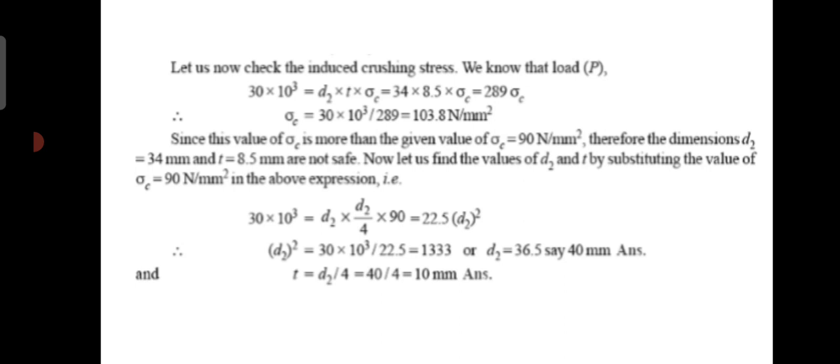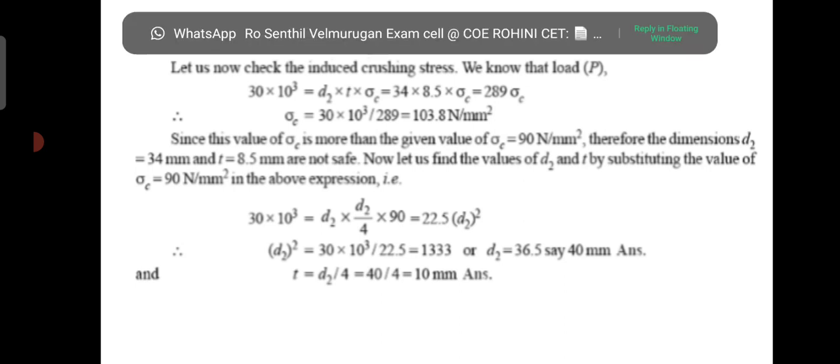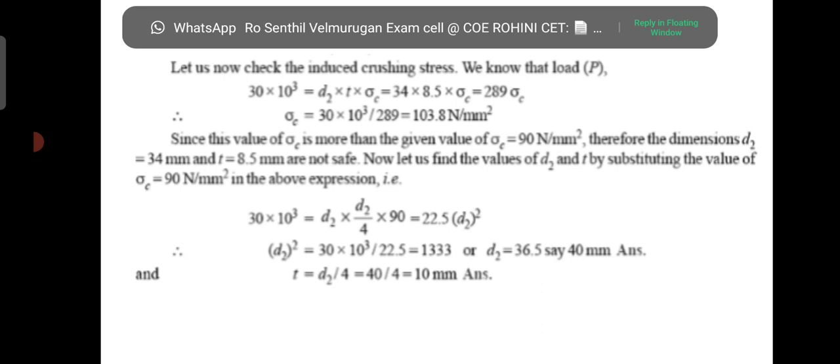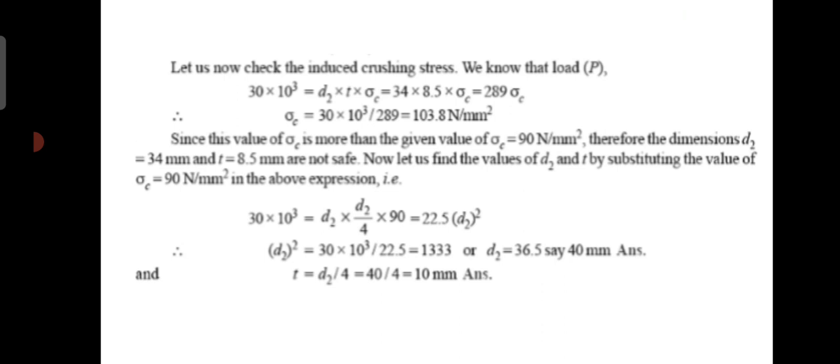Now let us find the value of d2 and t by substituting the value of sigma c equal to 90 newton per millimeter square in the above expression. 30 into 10 to the power 3 equals d2 into d2 by 4 into 90, that is equal to 22.5 d2 square.